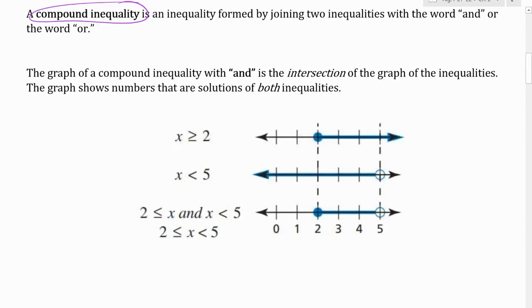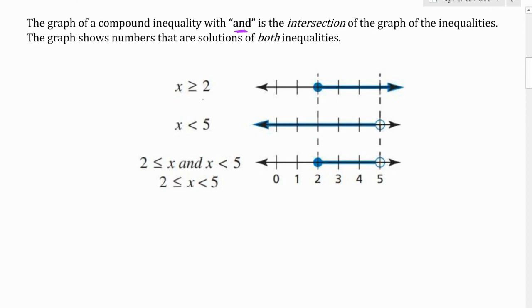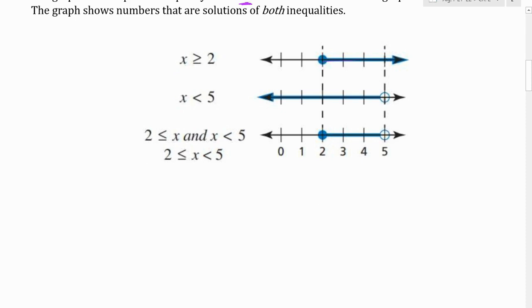Okay, so if the word and is in there, the graph is the intersection of the graphs of two inequalities. So here's an example. If I said x is greater than or equal to 2, so that's from here up, and x is less than 5, that's that graph.